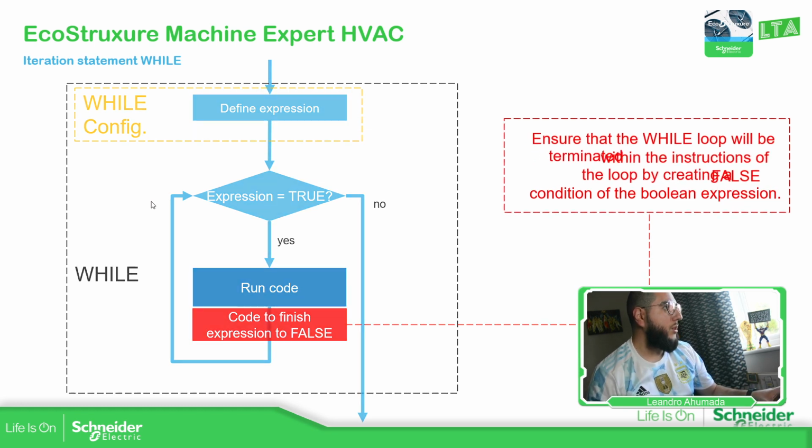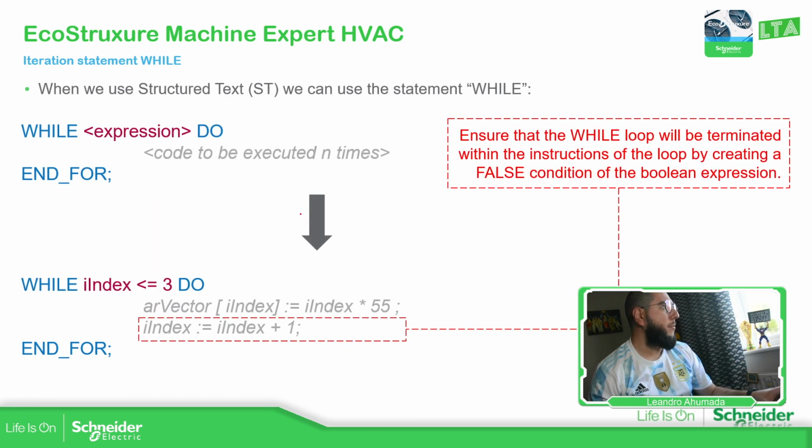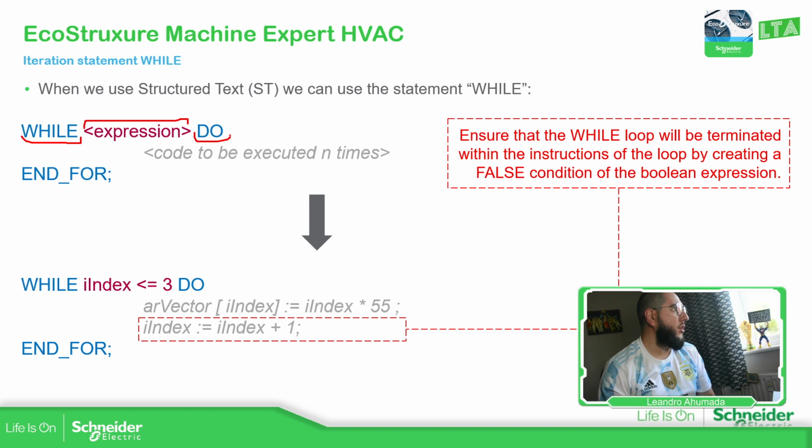As we continue, this will be an example of the syntax. This is easy. All we need to do is to use the while, create the Boolean expression that we want, and then use the do. Here it's not for, it's while. As you can see, I didn't change this in the presentation.